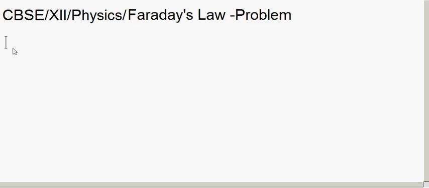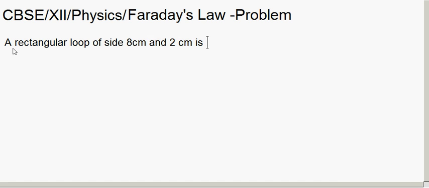A rectangular wire loop of side 8 cm and 2 cm is stationary in a normal magnetic field region.